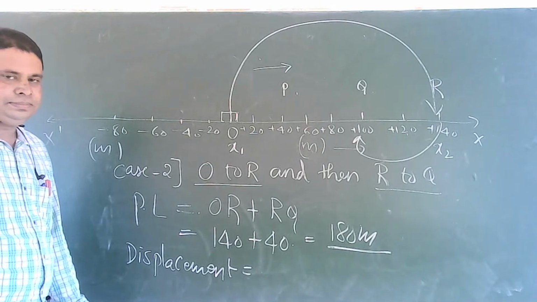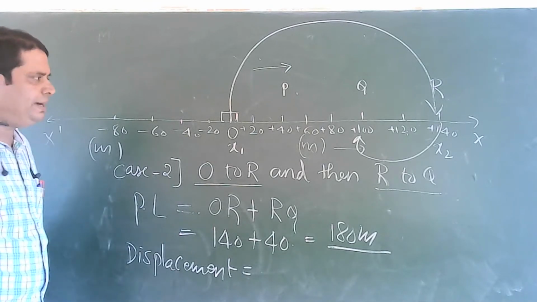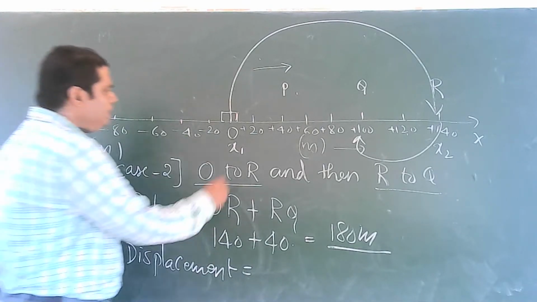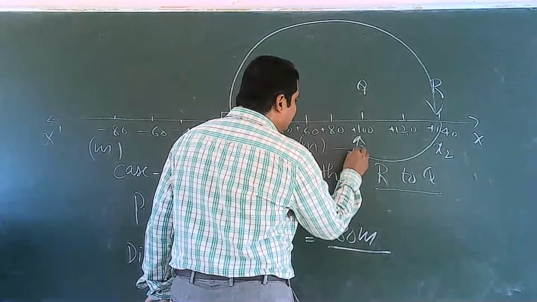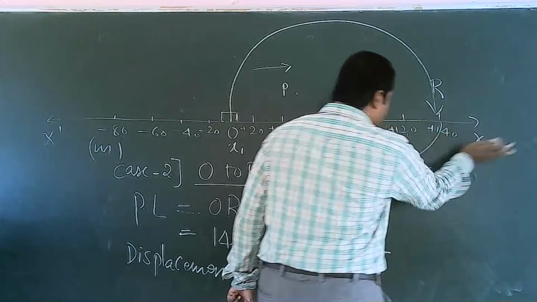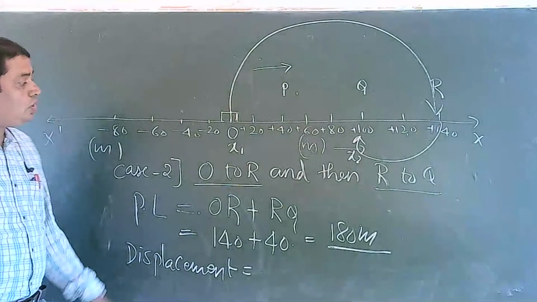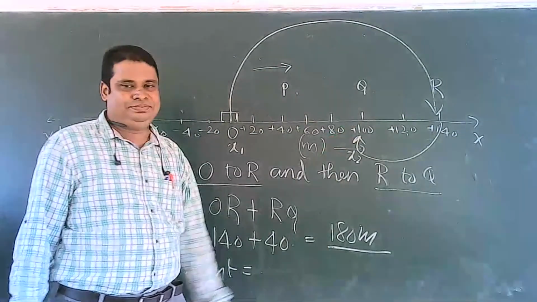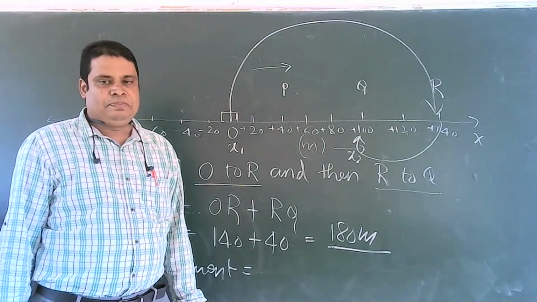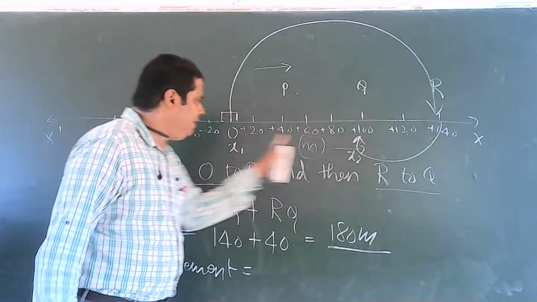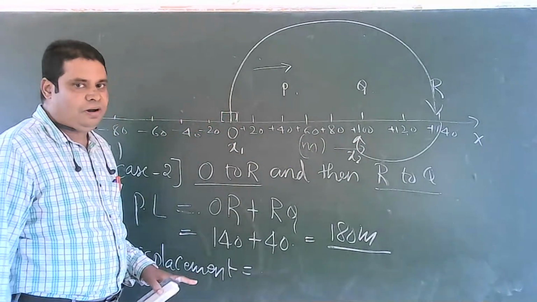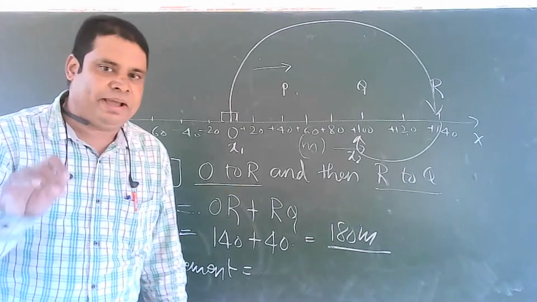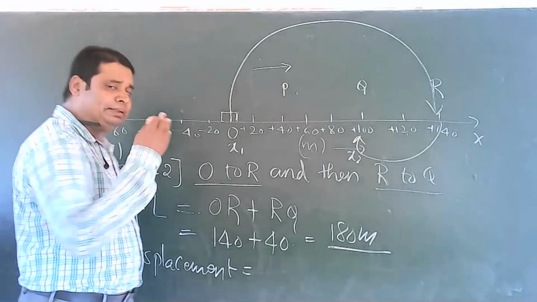Magnitude of displacement. Now, this is your x1, initial position. Oh, this is not the final position. Your final position is now Q. It is the shortest distance between the two points, initial and final, or final position minus initial position.